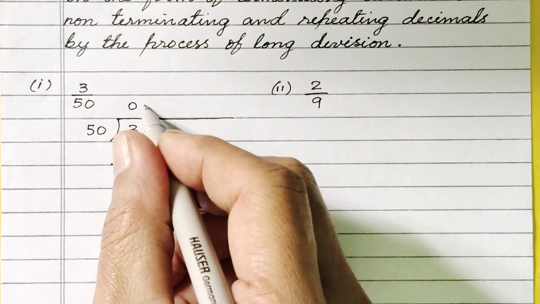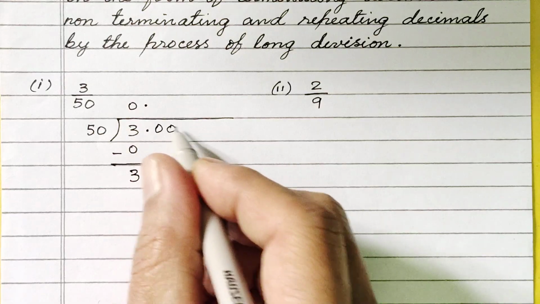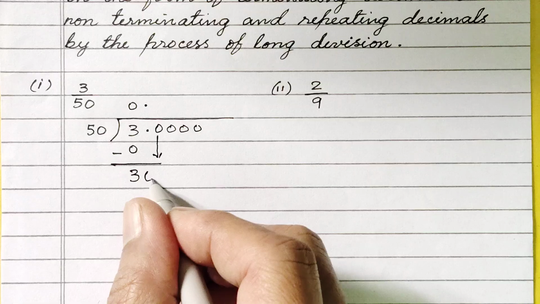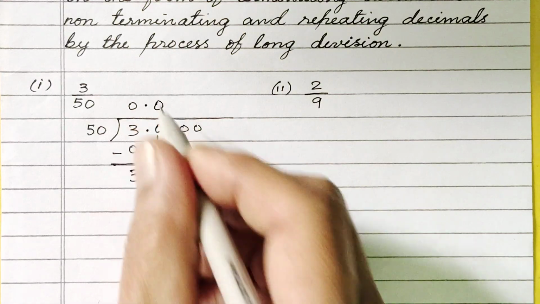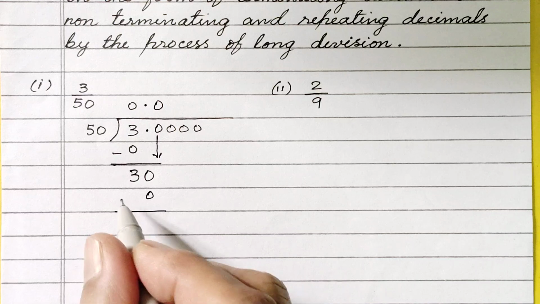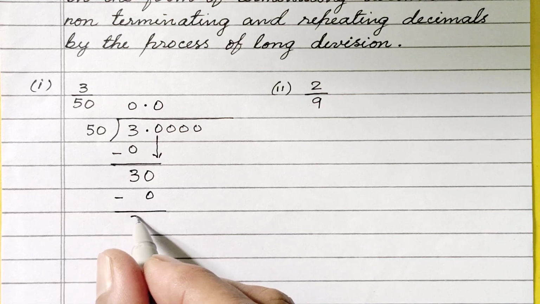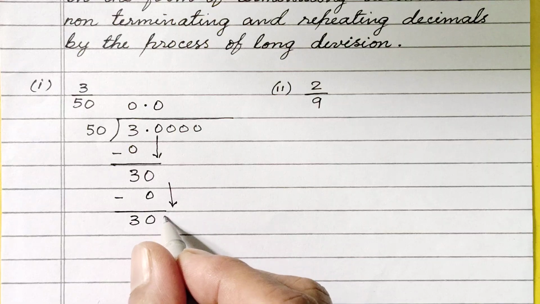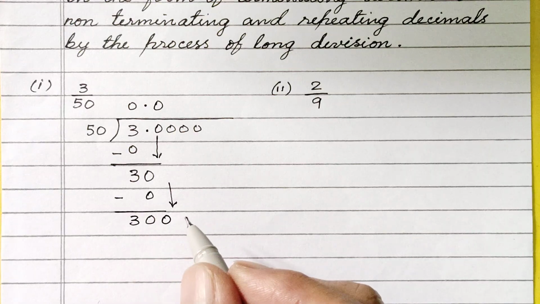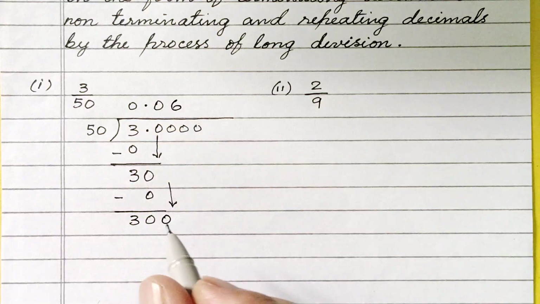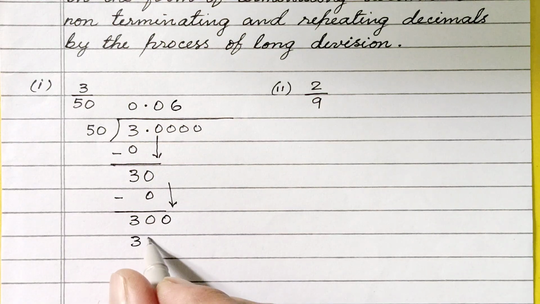Put a point here and here, add zeros, bring the 0 down. Again 50 zeros are 0. Next 0 down, 300. So 50 sixes are 300.